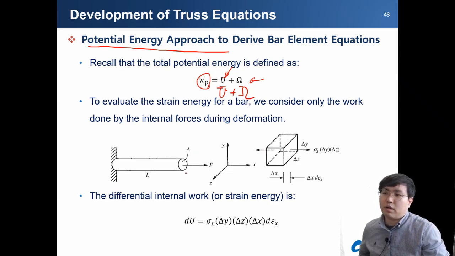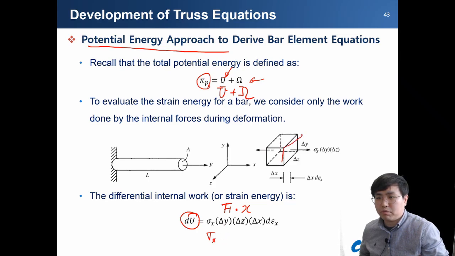So we can easily define our internal energy: force times displacement. Force is stress times cross-section area, when we choose a very infinitesimally small element, so this is a cross-section area.